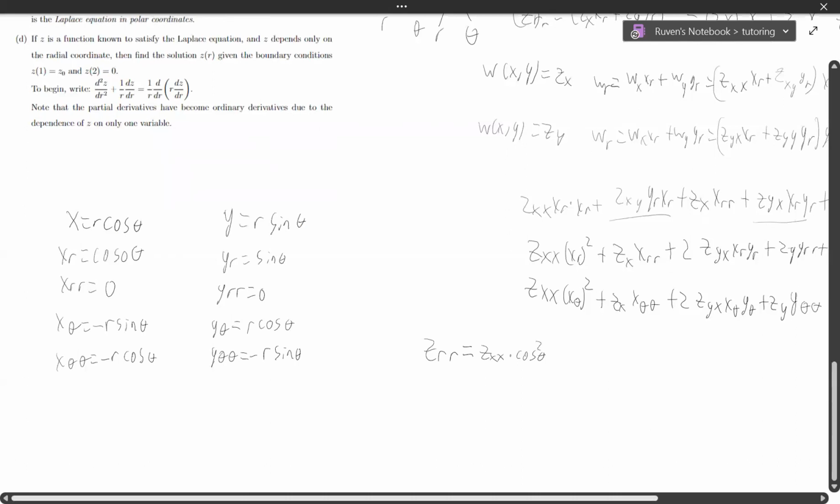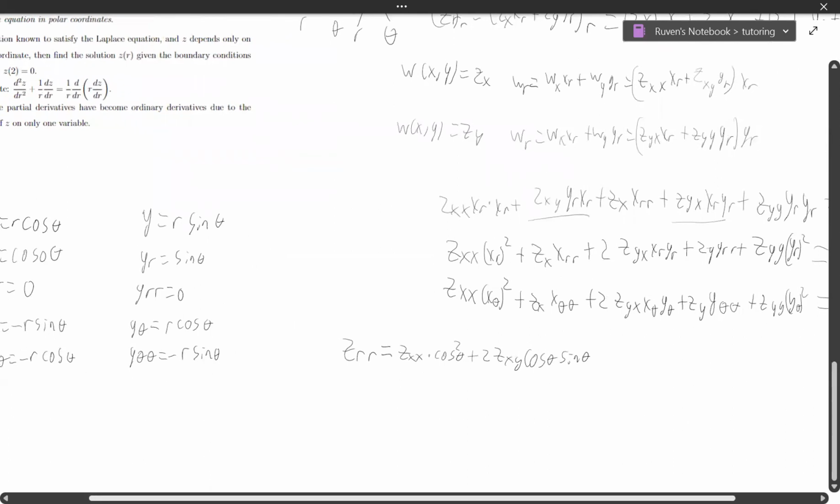Then zx xrr, xr is 0, so this term is gone, plus 2 zxy xr yr, so that's cosine theta sine theta. yrr is gone because it's 0. And then plus zyy yr squared, so plus zyy sine squared theta.